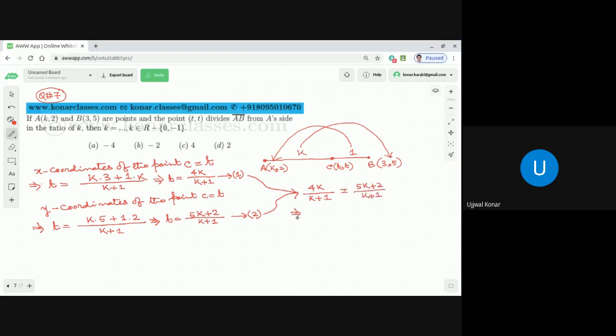So this implies 4k is equal to 5k plus 2, since k plus 1 cannot be equal to 0. It is quite obvious that k plus 1 cannot be 0; if k plus 1 is 0, then the question doesn't make sense. That implies k is equal to minus 2. And eventually we get the correct option as option B. Any doubt, please do let me know, dear students. Now the next question I'll go.